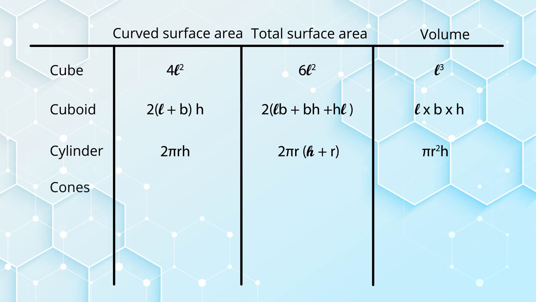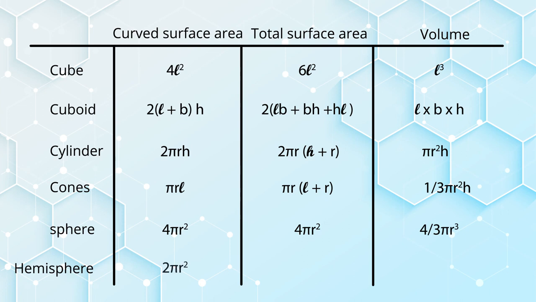Now it's cone's turn. Curved surface area of a cone, total surface area and volume. Sphere, curved surface area, total surface area. Yes, that will also be the same. And volume. Right.